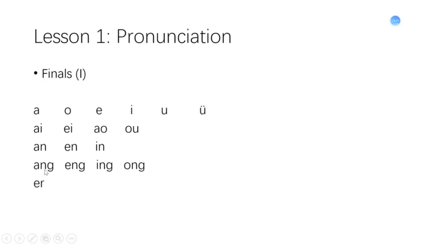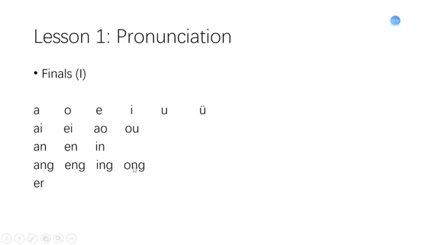So there's a kind of block in the back part of your mouth, and the air, the breath, has to come out through your nose. So that's why it makes a nasal final. So it's written this way.